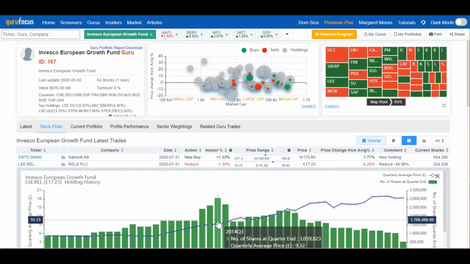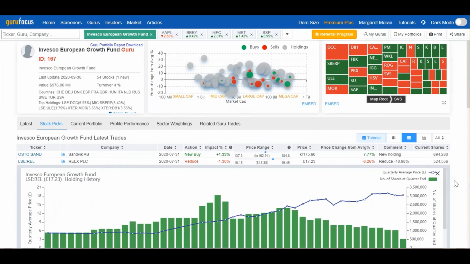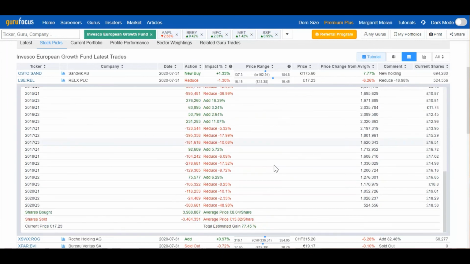Instead, each white dot represents the average price during which the stock traded during that quarter, and the blue lines connect dot to dot. Using these averages, we then calculate the total estimated gain of the holding, which you can find at the bottom of this section here.